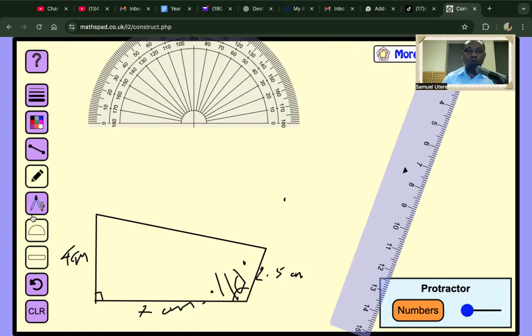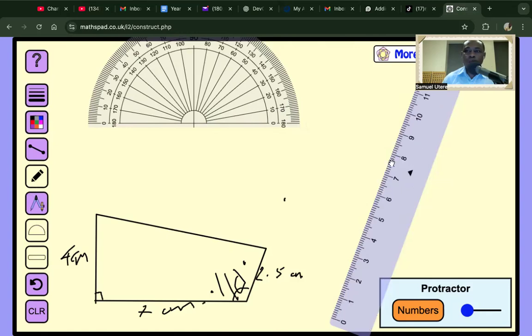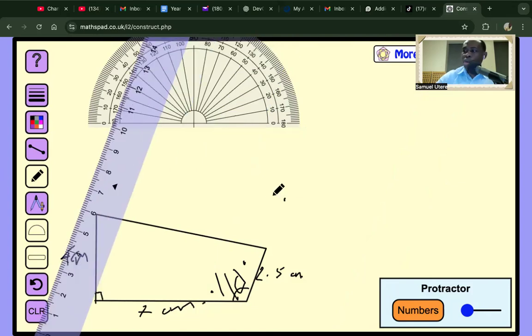The next one we want to construct is the one that has two angles, where you're required to draw two angles in them. So I'm going to do question 1B. The first one is we'll draw a line that lies on its side, not exactly horizontal, 6 centimeter.